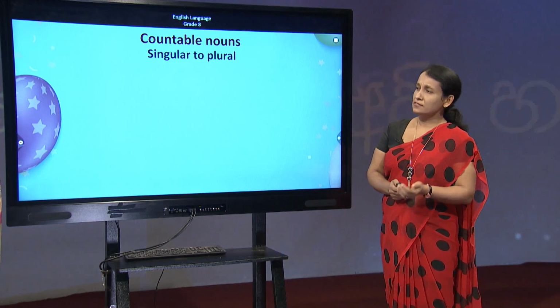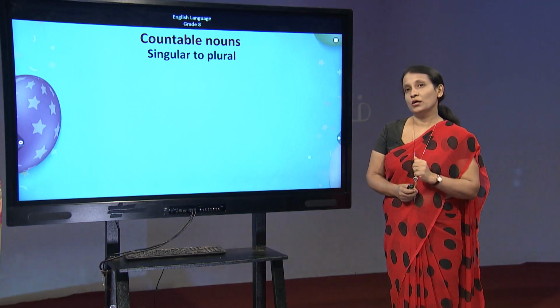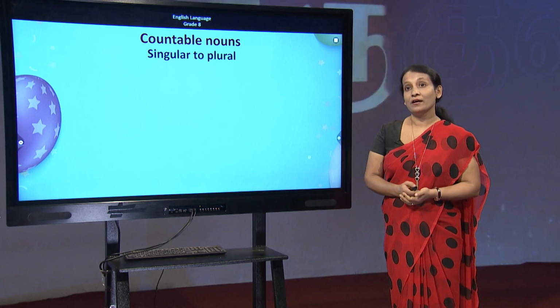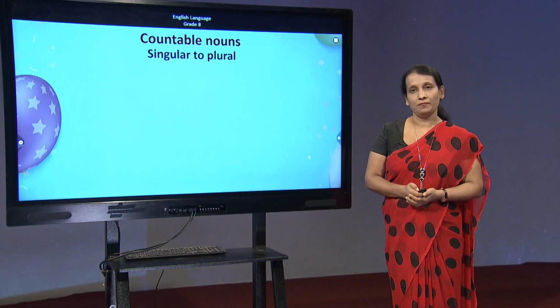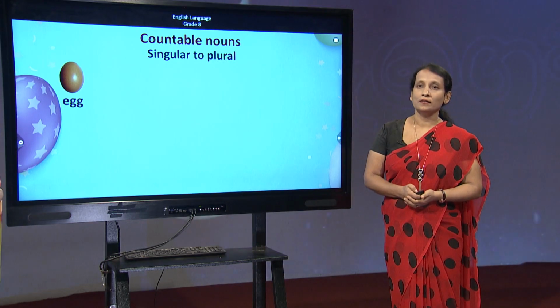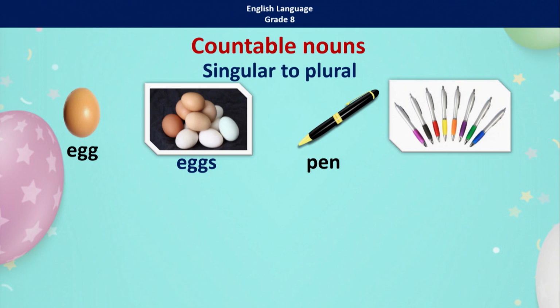What is the easiest way of converting a countable noun into a plural form of it? Adding the letter S at the end? Yes, of course, it is the easiest way. Here we have egg. You have eggs there. Egg plus S becomes eggs. Pen is the singular, pens, plural.